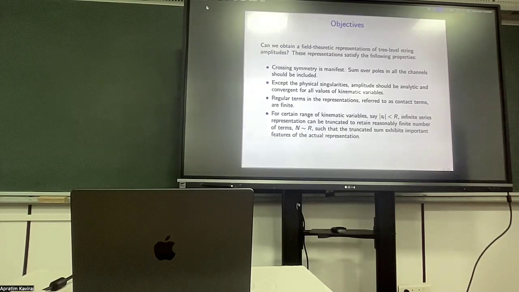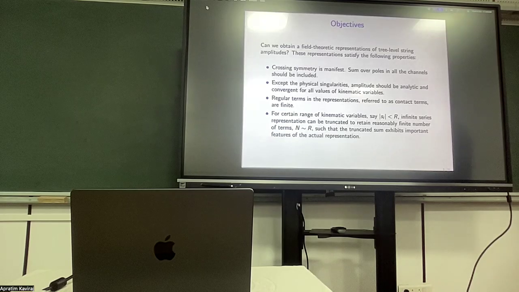So S_i, I'm referring to as S and T in general. The infinite series representation, if we truncate to retain a reasonably finite number of terms n, which is of order R or below that energy cutoff, then the truncated sum will exhibit important features of the actual representation.